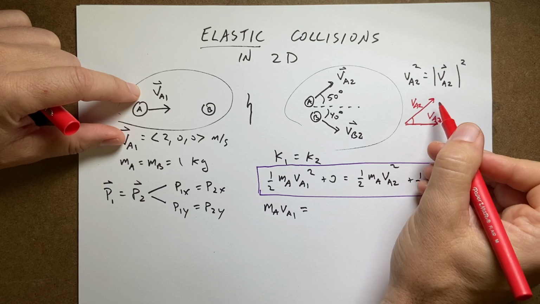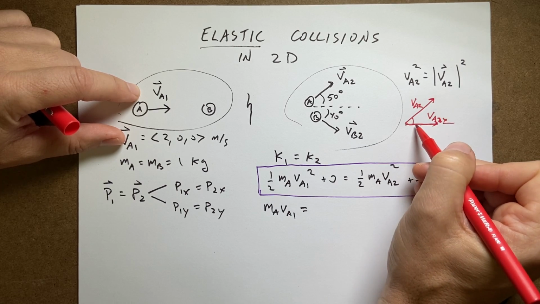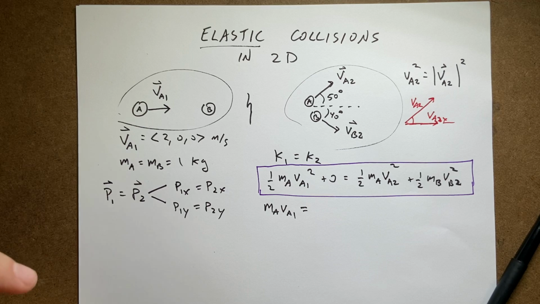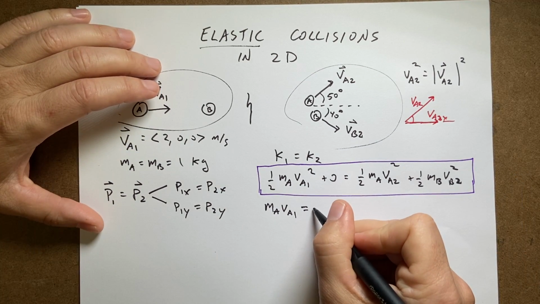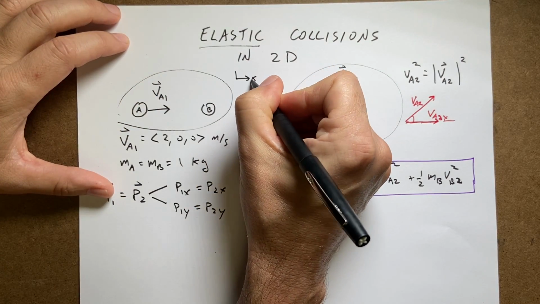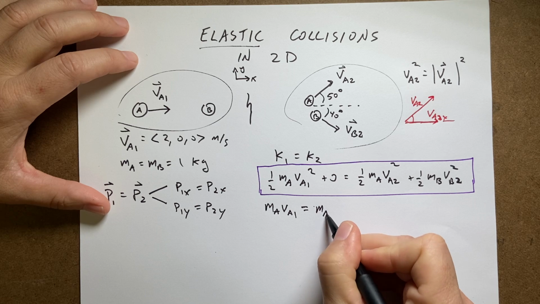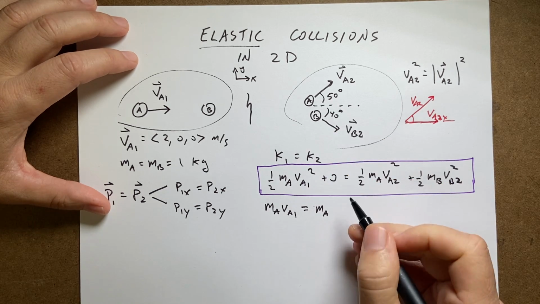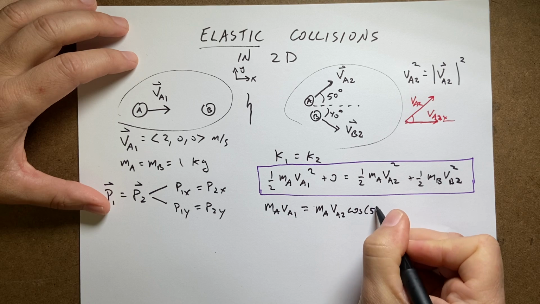So that's what I need. If this has a velocity va2, this would be va2 cosine theta, right? Because it's the x component. And this is positive because it's in the positive x direction. I didn't put my x-axis, x, y. Okay, so this is going to be ma va2 cosine of 50.